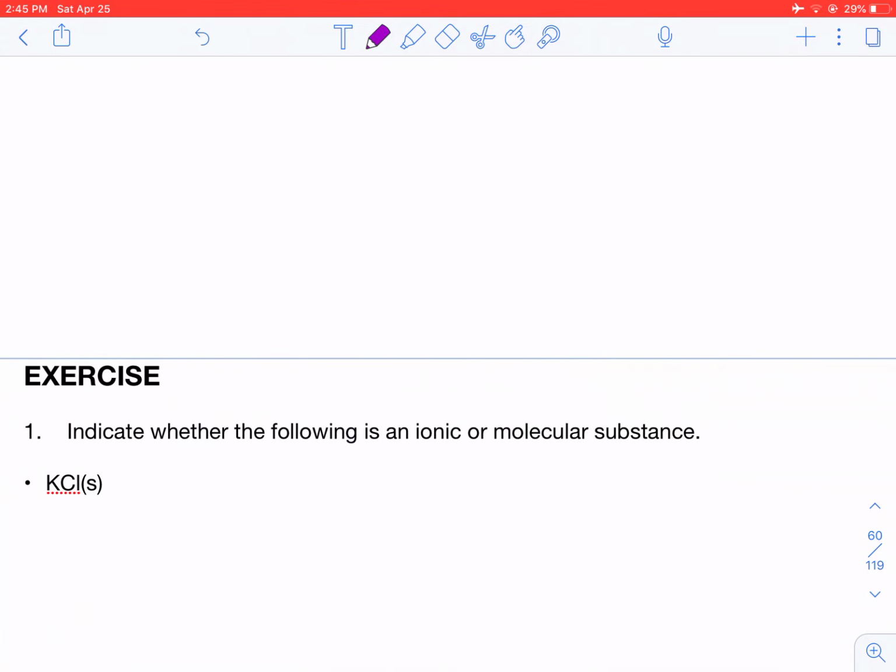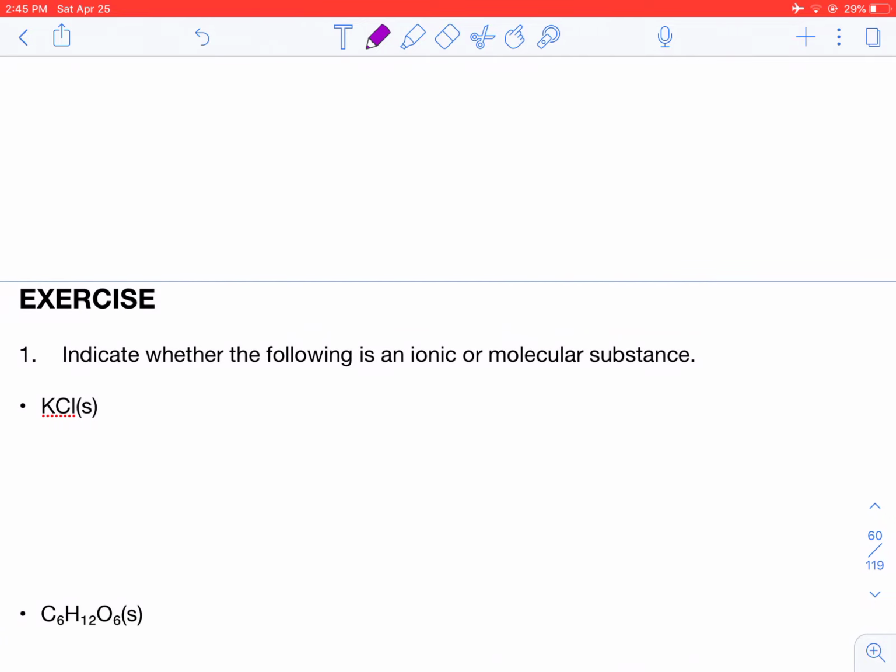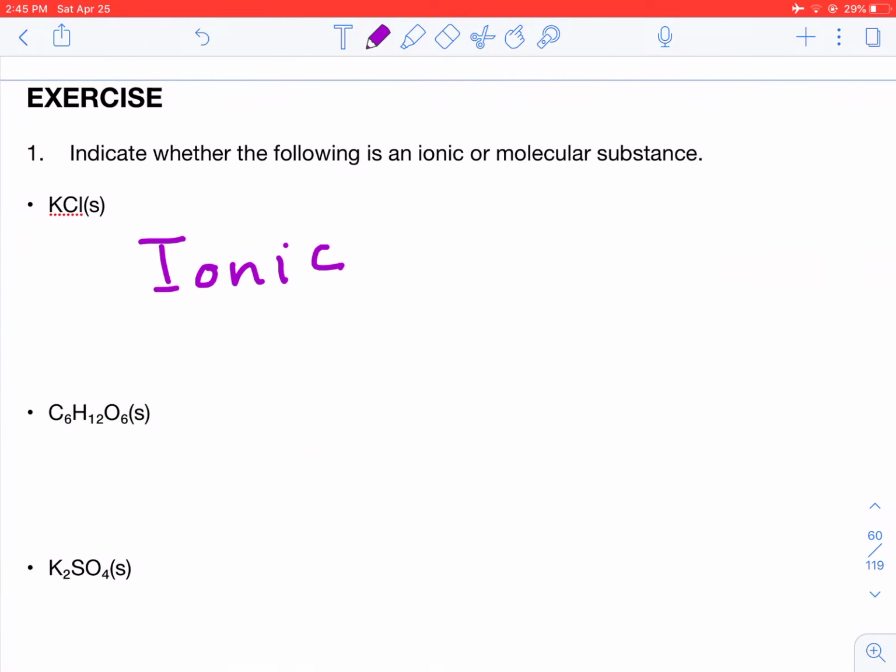Right, now let's look at an exercise. It says indicate whether the following is an ionic or a molecular substance. KCl, we did that. It's metal plus non-metal. That's ionic. C6H12O6, they're all non-metals, so that's a molecular substance.